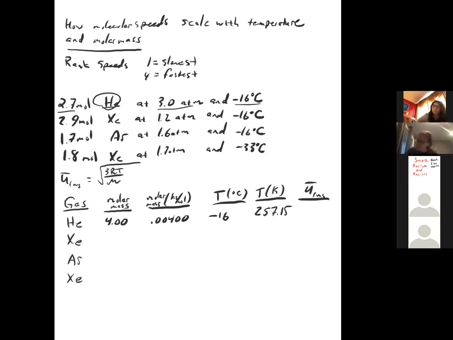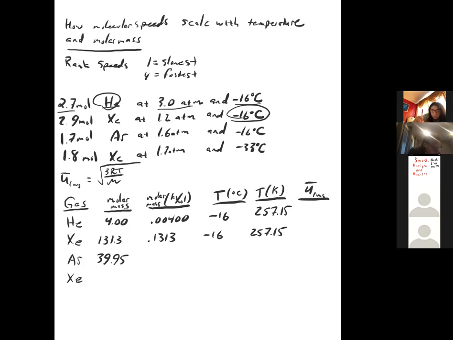Okay. Xenon is 131.3. So if you move it over 3 places, you get 0.1313. This one's also at -16, so that's going to be the same temperature. Argon is in between. It's 39.95.